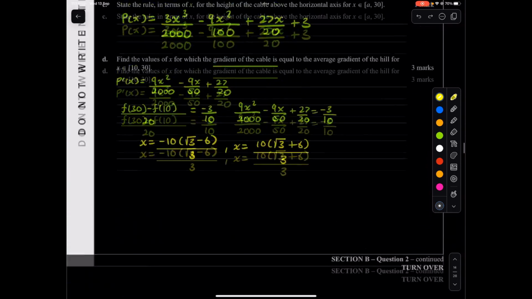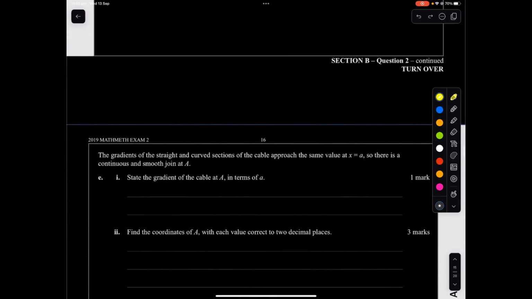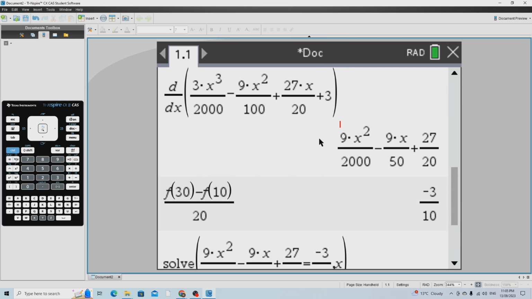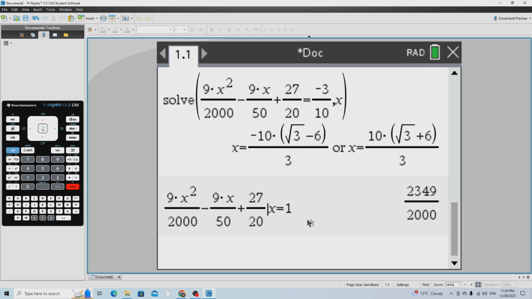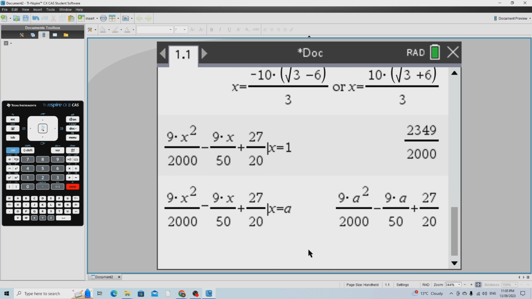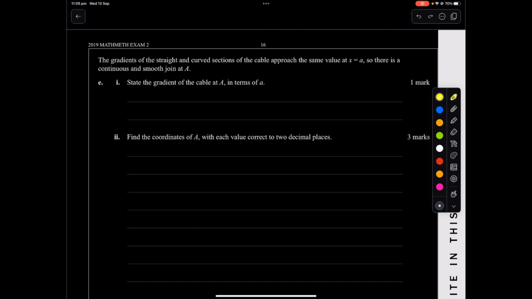Isn't it just the gradient at A? Given that x must equal a, P dash of a is 9a squared over 2000 minus 9a over 50 plus 27 over 20.